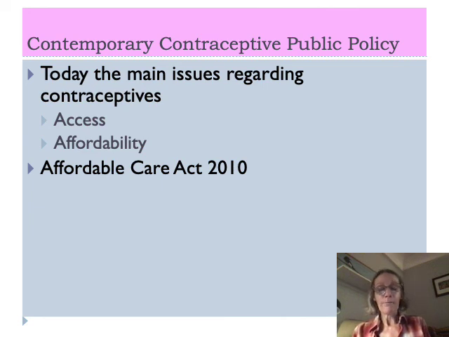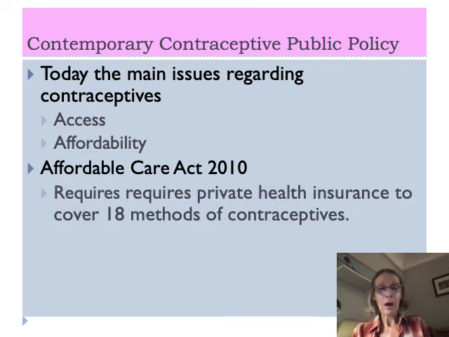And a part of the essential healthcare benefits are contraceptives. So the Affordable Care Act requires that private health insurance cover 18 different methods of contraceptives. And these are methods that you can get just as a part of having health insurance. There aren't any additional costs to them. And so that's a really great step forward in terms of access to contraceptives.